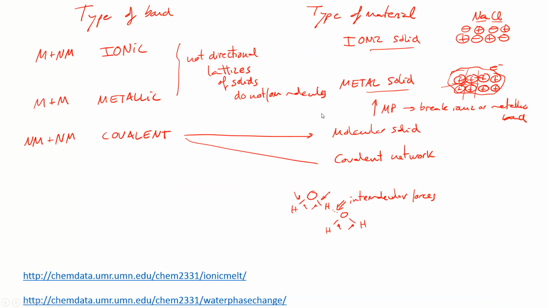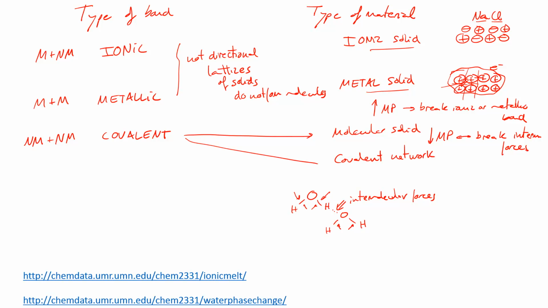The bond between hydrogen and oxygen is a covalent bond that doesn't need to be broken to melt or boil the compound. We just needed to break the intermolecular forces, whatever attaches this molecule to the other one. So there you go. Your molecular solids will typically have a low melting point because you just need to break intermolecular forces.